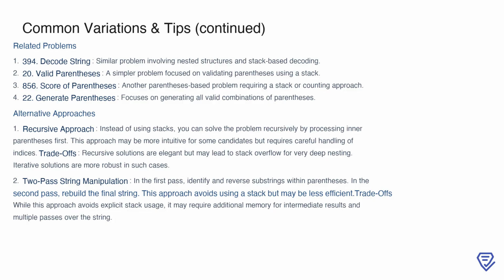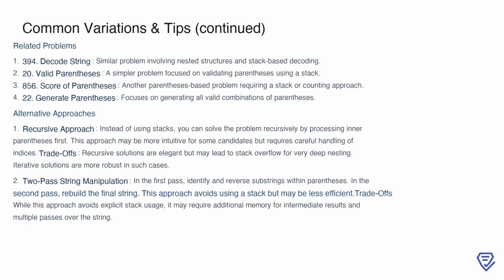Beyond related problems, there are alternative approaches to consider here. A recursive strategy, for example, tackles the problem by focusing on processing inner parentheses first. This method can feel more intuitive for some but comes with limitations, such as the risk of stack overflow in cases with very deep nesting. Alternatively, a two-pass string manipulation approach is another option.